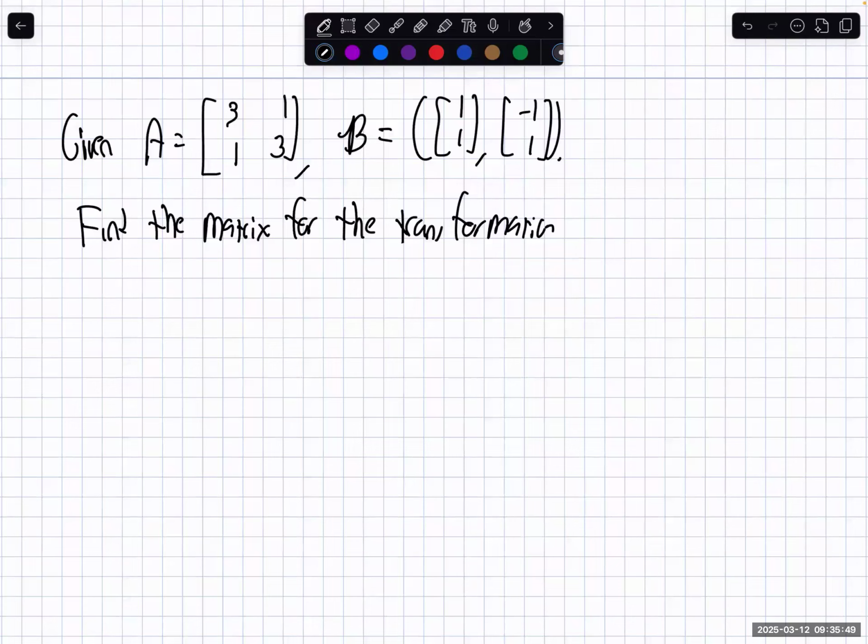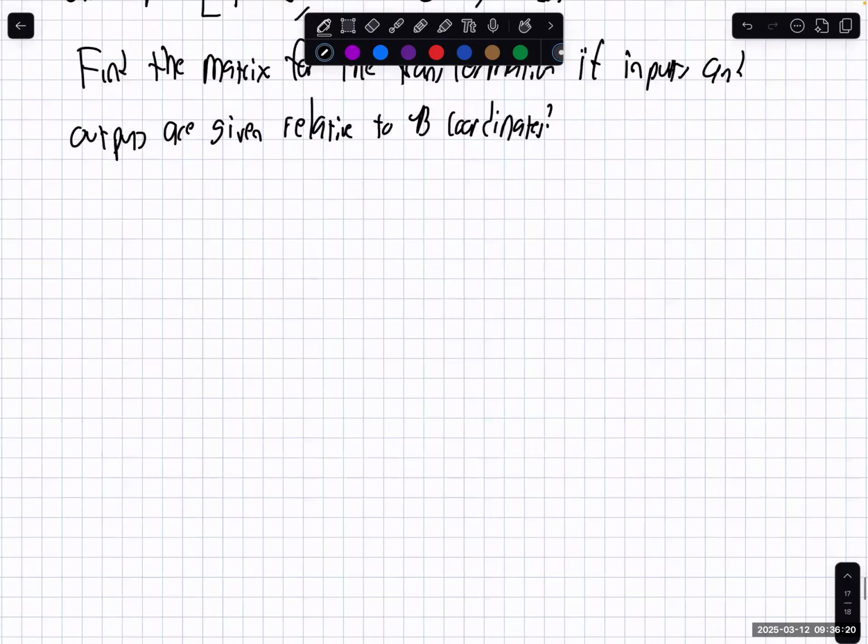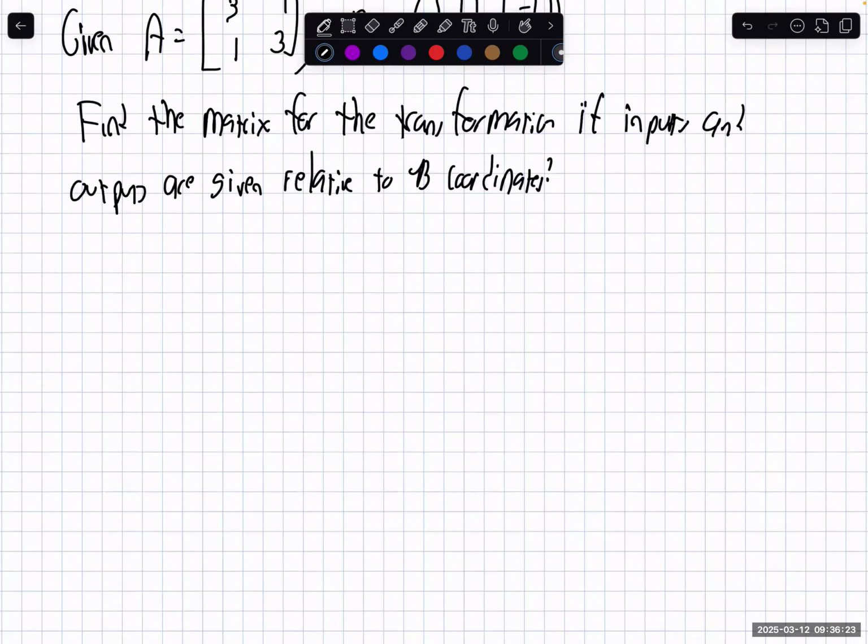Summation. Here's some info about summation. Inputs and outputs are given relative to B. Okay, so here's the idea.